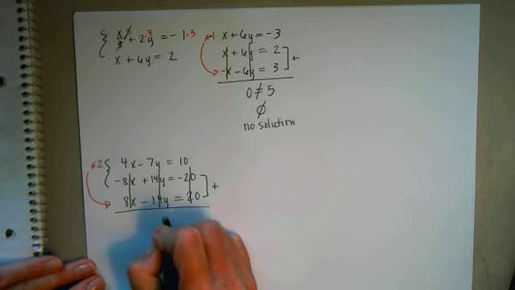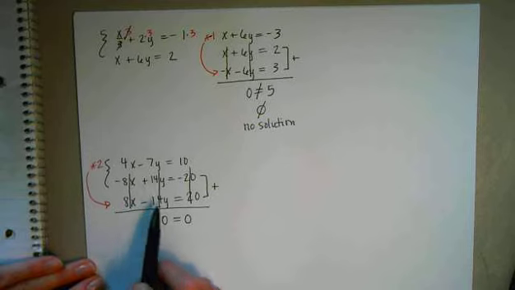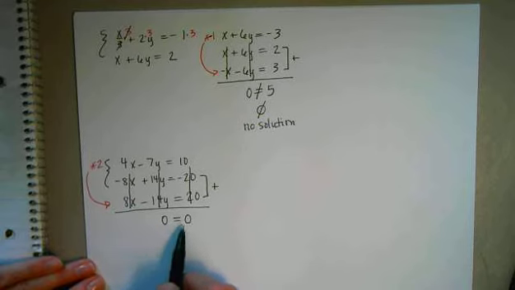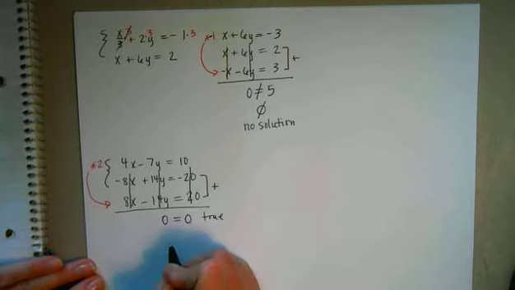So now I have 0 equals 0. But same thing, if my variable's gone, I look at what's left and I say, is it true or false? Does 0 equal 0? Yes, that's true. If it's true, before we said all real numbers.